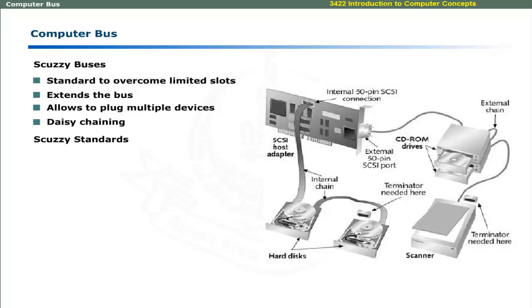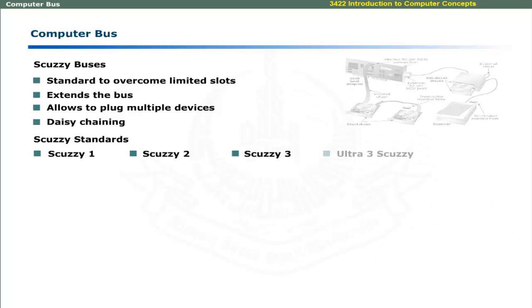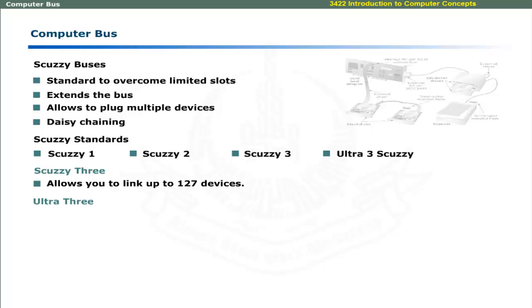Different SCSI standards have been introduced. The emerging standard is SCSI 3 that allows you to link up to 127 devices.